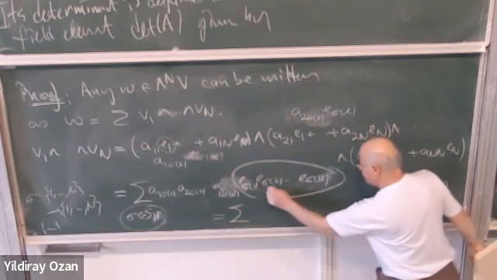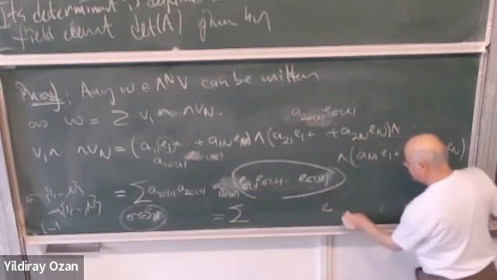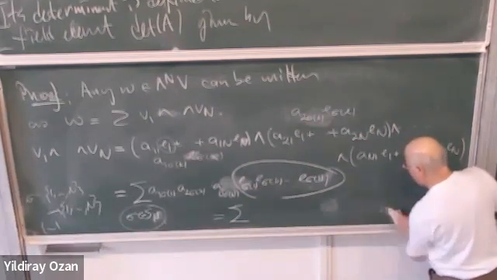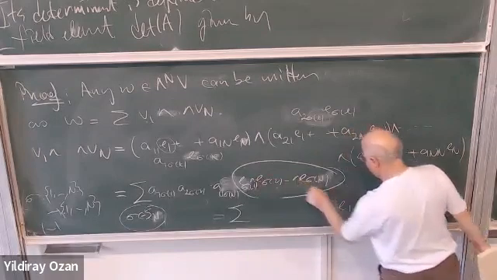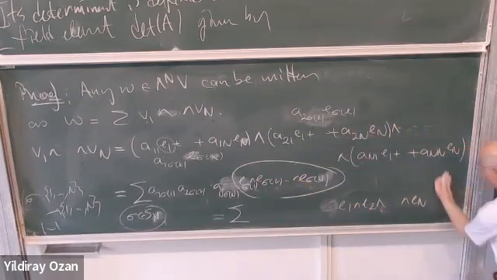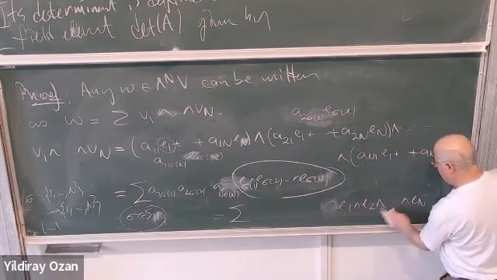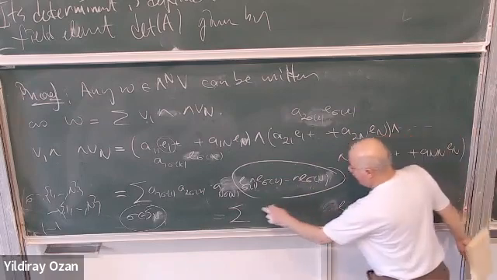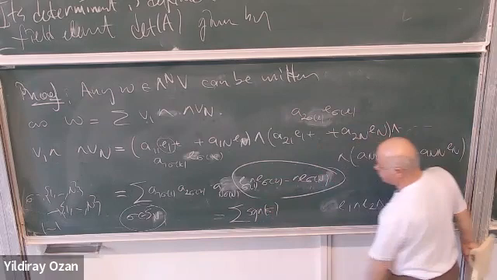By switching the terms, I can arrange this and obtain the following: e1 wedge e2 wedge ... wedge en. Of course, if you do these changes, there will be a sign, and the sign is just the sign of the permutation.